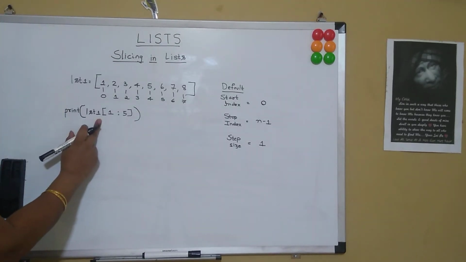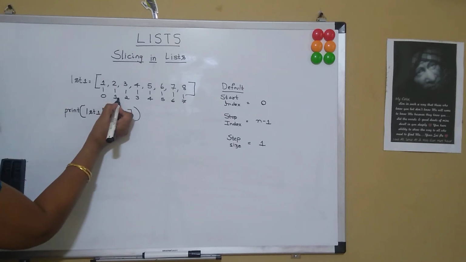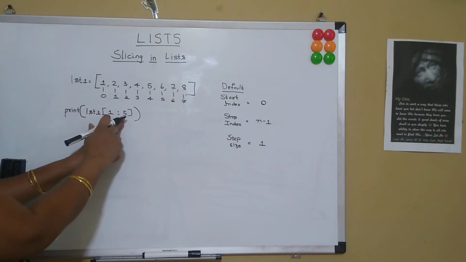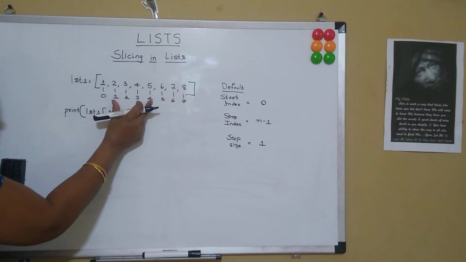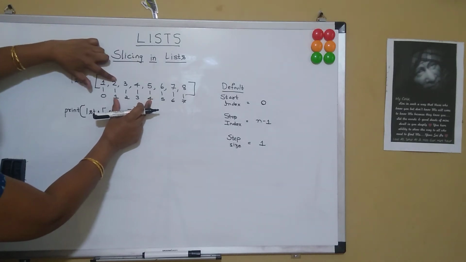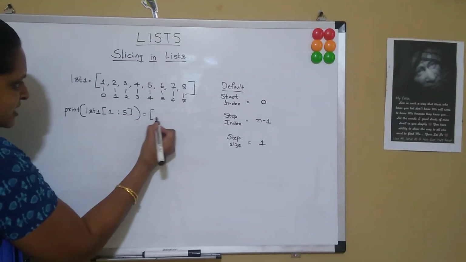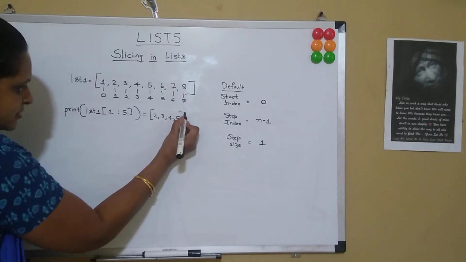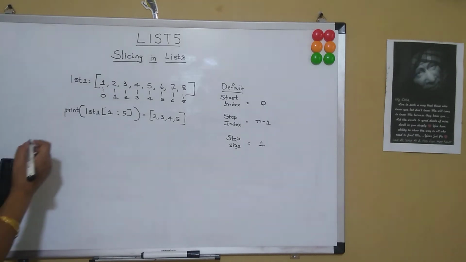So when I give this value, start index is 1, so it will start from the first index, that is 2. And stop index is 5. We should not consider 5, we should consider only till 4. So it will print from first index to the fourth index. And the values are 2, 3, 4 and then 5. So this is how slicing works in lists.